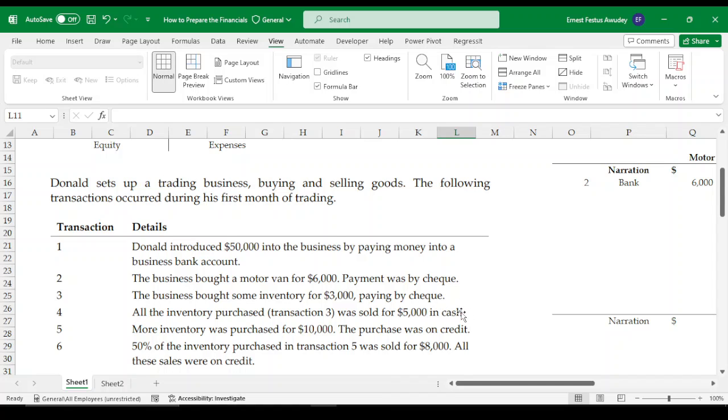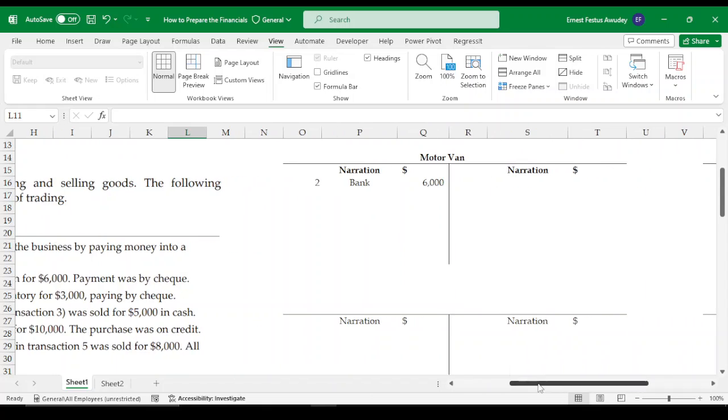All right. Now, usually what we do is that we open what we call a cash book. So instead of having a separate bank account and a separate cash account, you have what we call the cash book. Now, in the cash book, you usually have three columns. We have one column for discount, one column for the bank, and then one column for the cash.